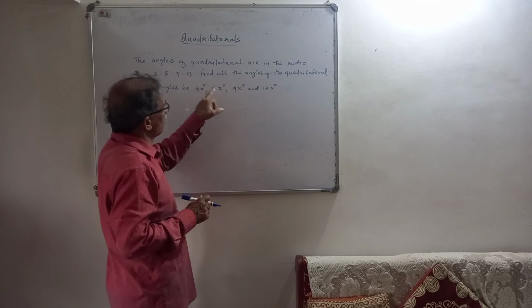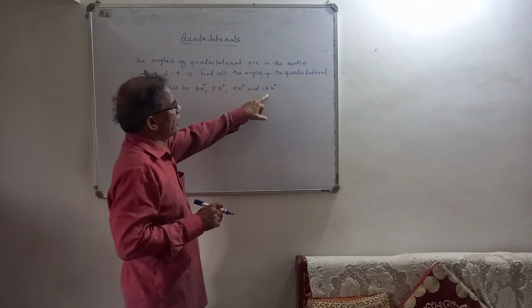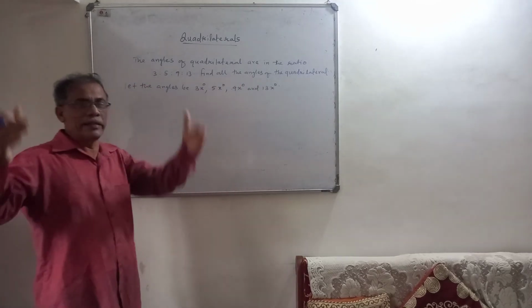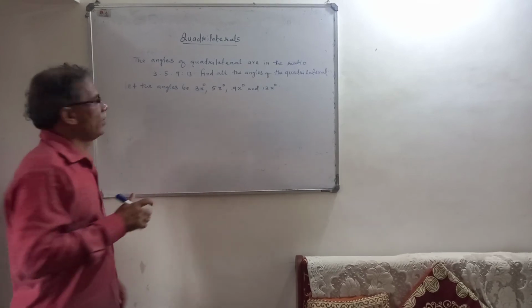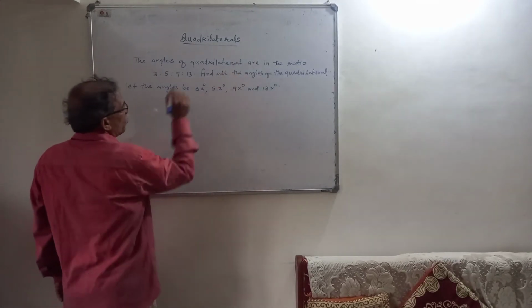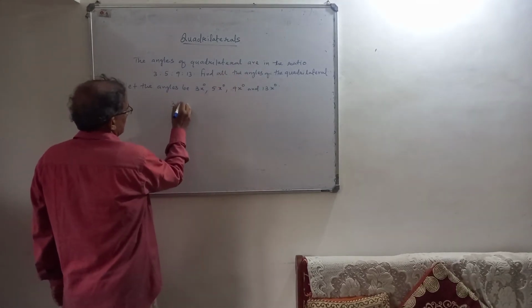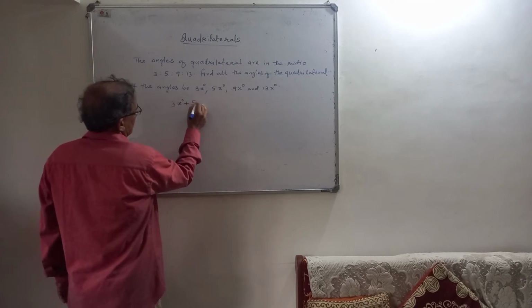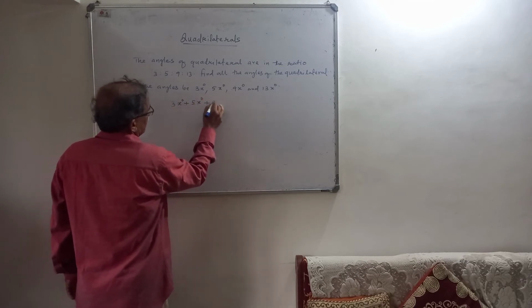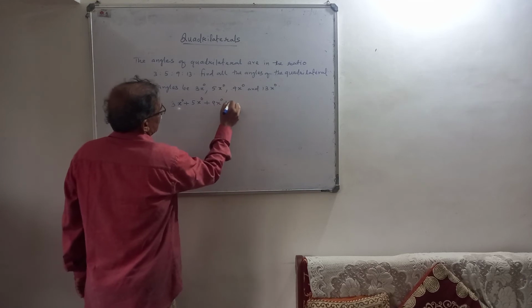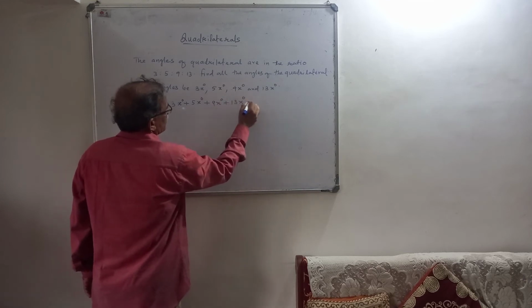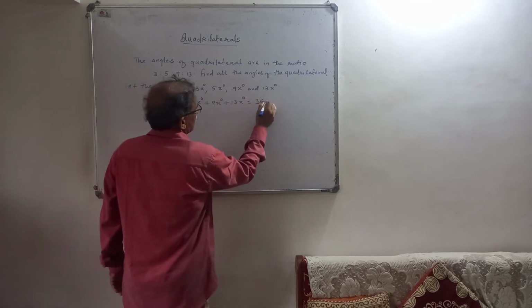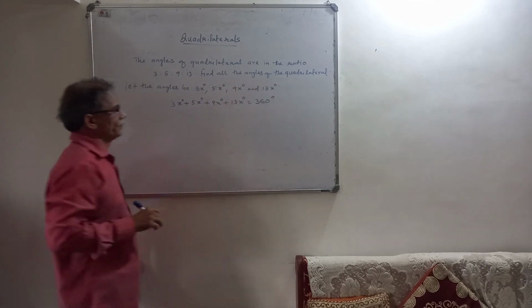So the sum of all 4 angles of a quadrilateral is 360, and we know the 4 angles: 3x, 5x, 9x, and 13x. The sum is 360, so we can write the equation. 3x degrees plus 5x degrees plus 9x degrees plus 13x degrees should be equal to 360 degrees.